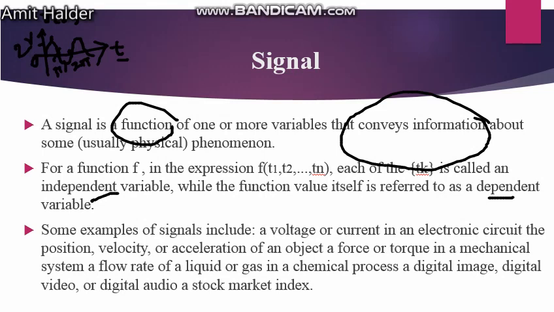Audio signals are also physical phenomena. While I am talking and giving the lecture with this microphone, the microphone is a transducer that takes the audio signal and makes it an electrical signal, and then it is processed in this video.